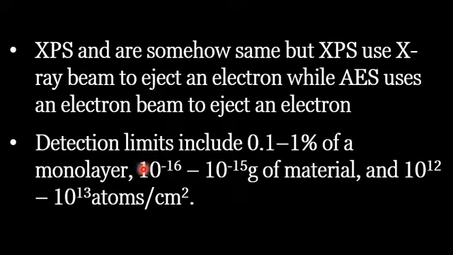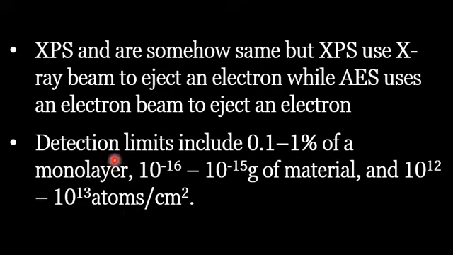Only 10 to the power minus 16 gram of material, with a volume of around 10 to the power 12 to 10 to the power 13 atoms per centimeter square, basically produces the Auger electrons from the whole surface of the material.